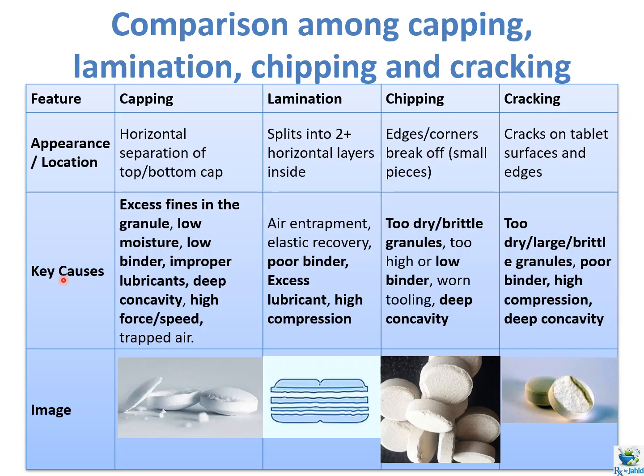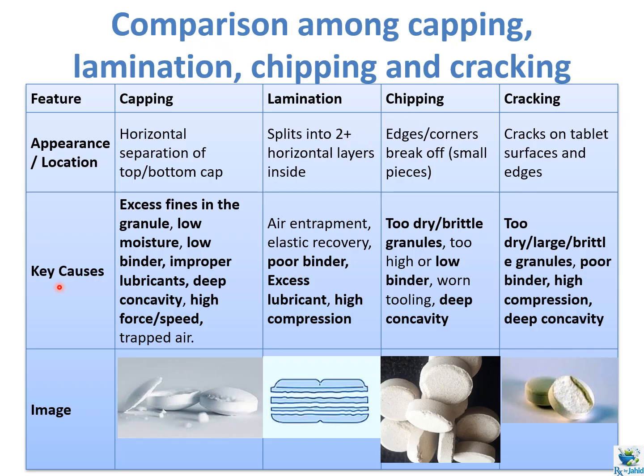Key causes: if we see the bold causes, they are similar to one another, so we can understand that in each of the cases, the causes are similar. For example, low moisture, low binder, improper lubricant, deep concavity, high speed. These are the common reasons in all of the cases. For lamination, we have found that poor binder, excess lubricant, high compression, and air entrapment are the major causes.